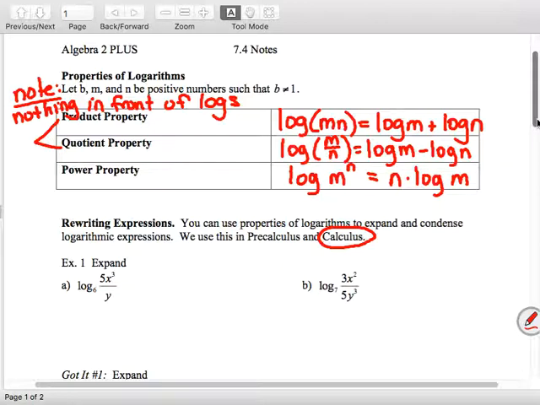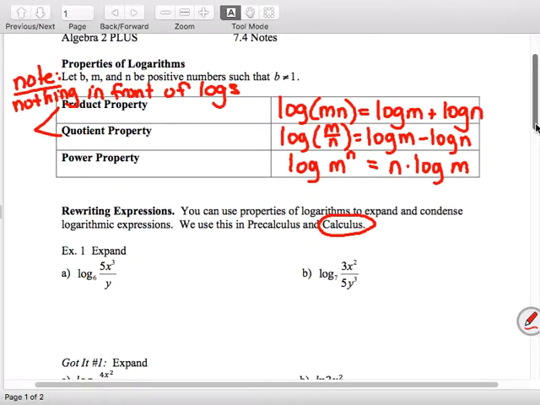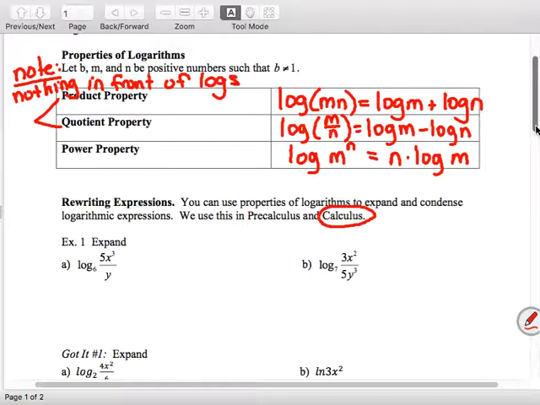Then, we keep talking about inverses. The inverse of a derivative is an antiderivative, okay? And so when we do the antiderivative, it's easier to have the logs condensed. So please keep in mind that some of what we do, yes, we're going to use it a little later this year, but sometimes there's more meaning and application in the next course.